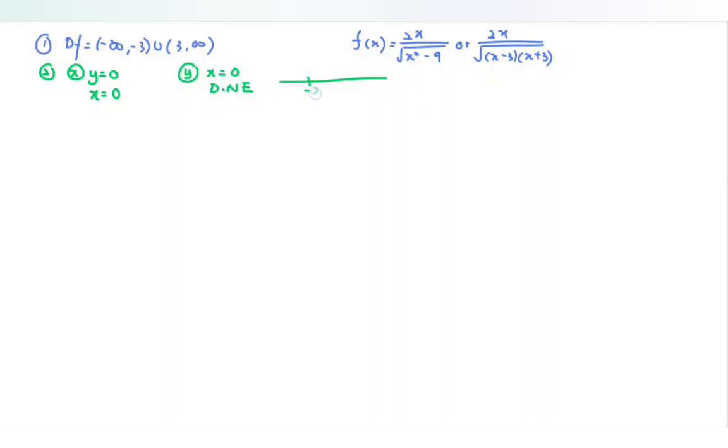Here we have negative 3 and here we have 3. Based on the domain given, here we have the graph, and the same goes to this part, but not for this part. Kindly refer to the x-intercept. When x equals 0, y also equals 0. But based on the situation given, here does not have any graph, so we can say it does not exist as well.